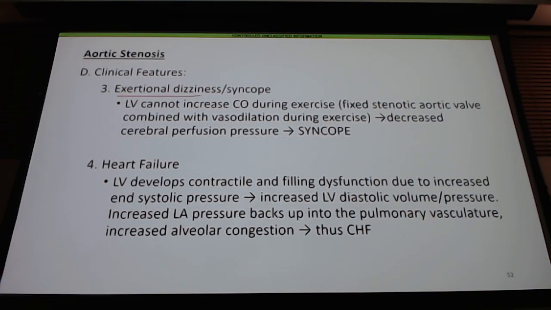They're going to have exertional dizziness and syncope because you're not perfusing the central nervous system appropriately. And then, of course, heart failure because of that decreased cardiac output. You're going to start to display that, and it's going to start to back up into the atria, into the lungs, into the right side of the heart, and then into the peripheral system as well.